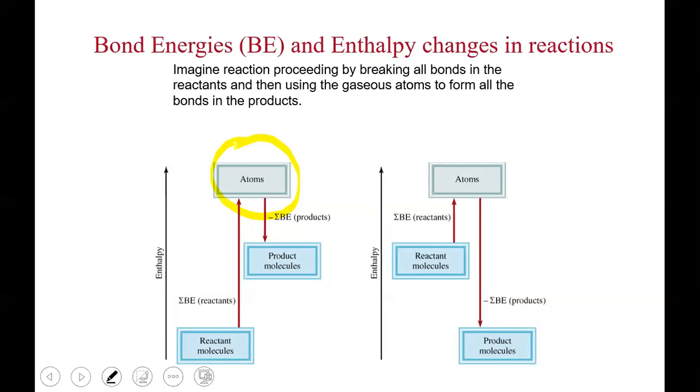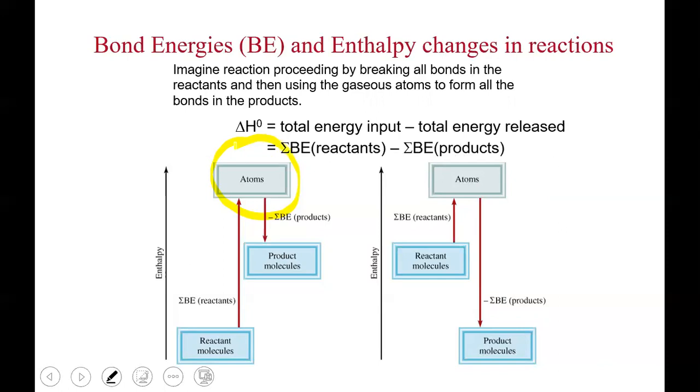So that reaction is going to be exothermic. All right, don't forget, the delta H is the total energy input minus the total energy released. As we said, the bond enthalpies of the reactants minus the bond enthalpies of the products.